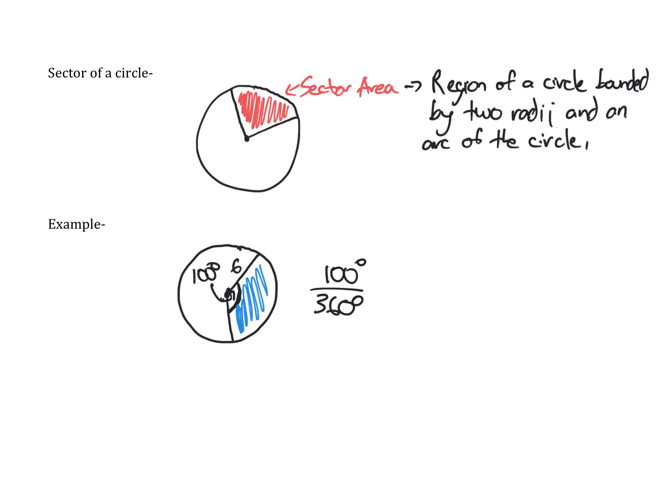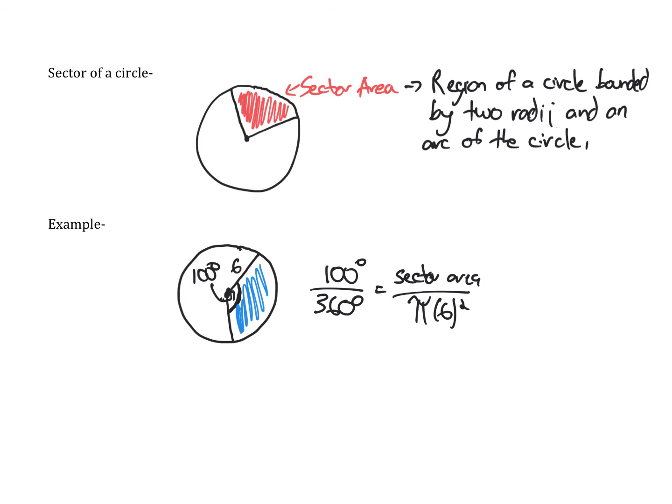All I'm going to do is set up a simple proportion. The 100 degrees compared to the 360 degrees can be set equal to my sector area, the area I'm trying to find, over the area of the entire circle, which we know to be pi r squared, which in this case is 6 squared. So 100 degrees to 360 degrees should be the same as the sector area to the entire area.